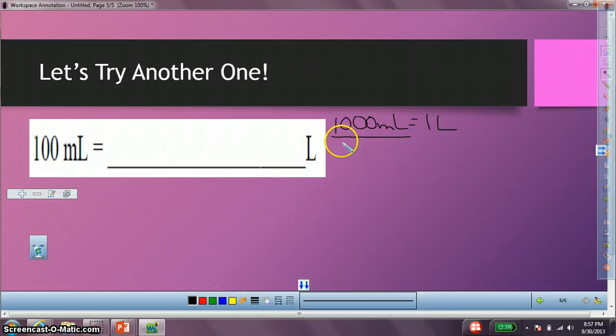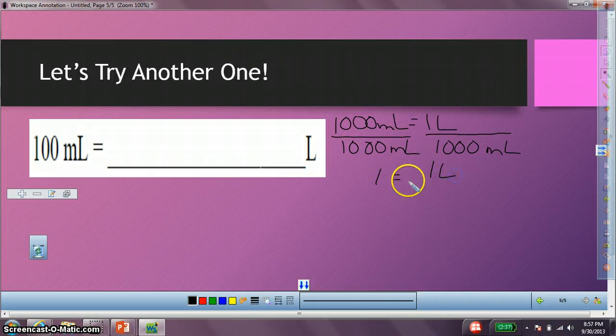So we will divide both sides by 1,000 milliliters. We end up with 1 equals 1 liter over 1,000 milliliters.